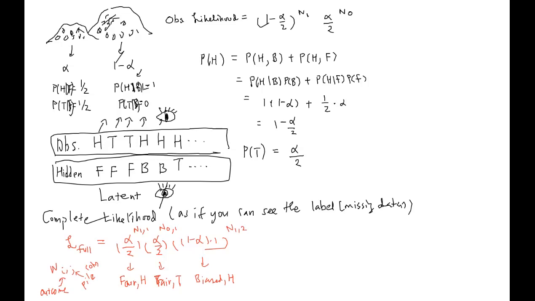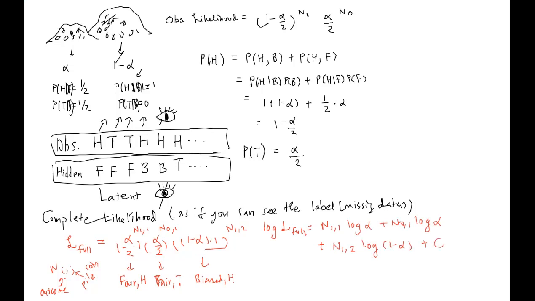And then you can find the log likelihood: N11 log alpha plus N01 log alpha plus N12 log 1 minus alpha, plus a constant. The constant collects the other terms.